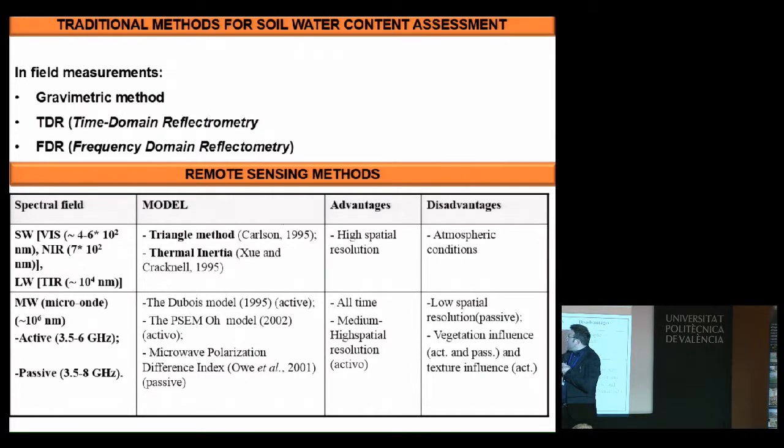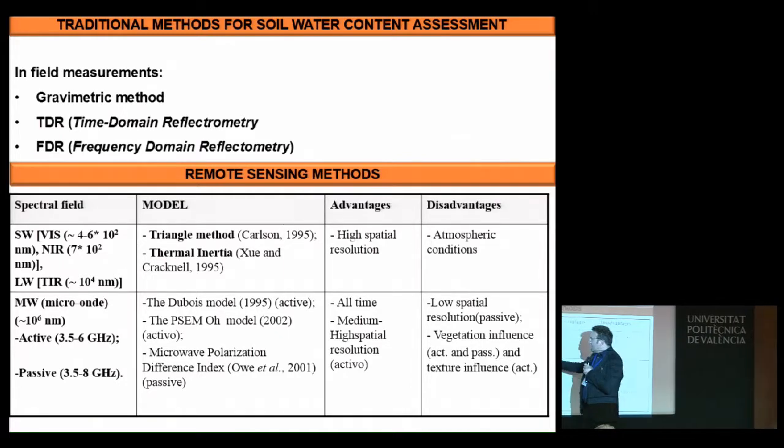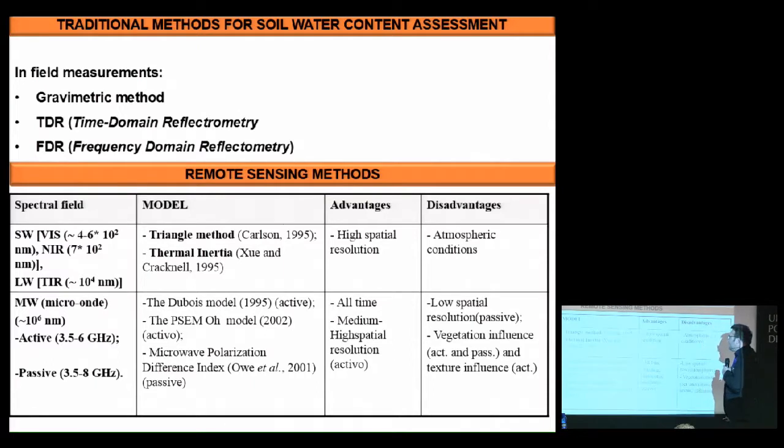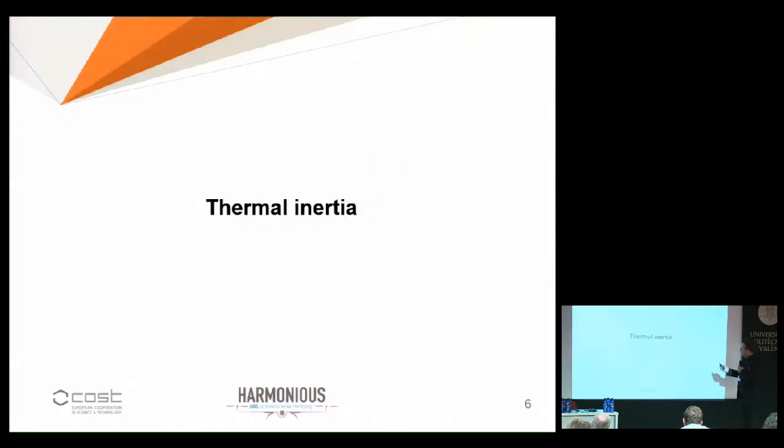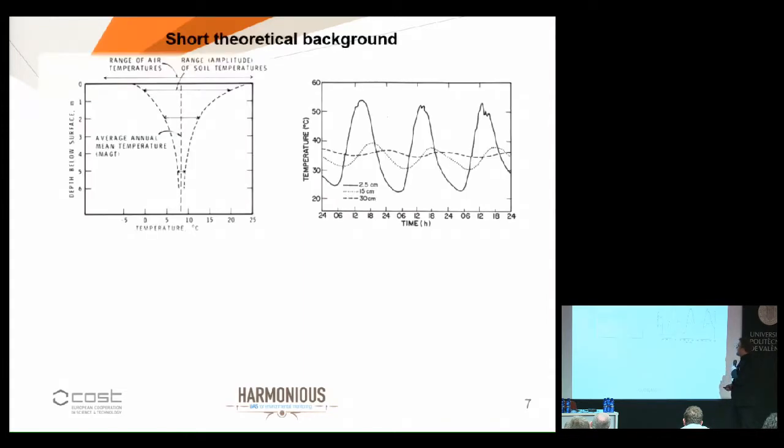The first one is the triangle method, from Carlson, and the second one is thermal inertia, from Xue and Cracknell in 1995, even though the first research on this issue began with Watson with the landing on the moon. And we have the first one, so it's thermal inertia.